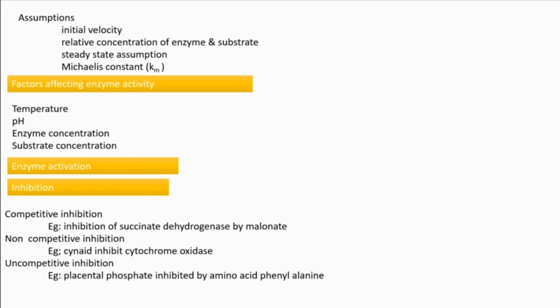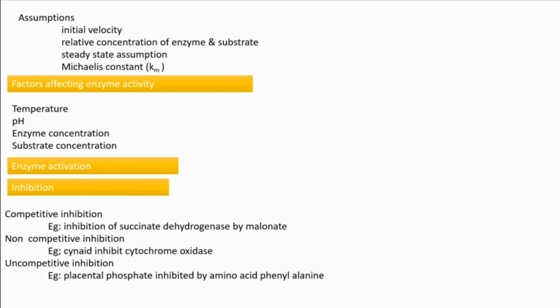That much you need to understand. Km is the concentration of substrate required to proceed the reaction at half Vmax rate. Vmax is the turnover, the rate of dissociation of the enzyme substrate complex. That we need to keep in our mind.